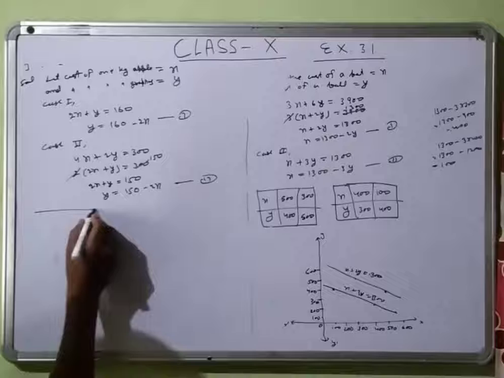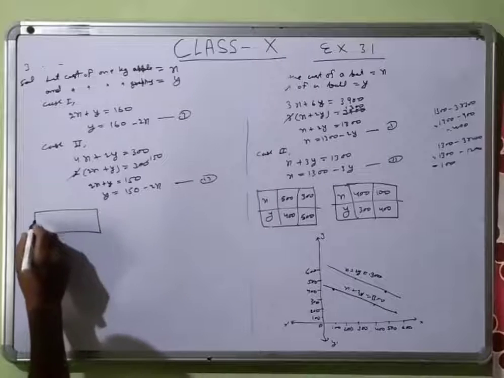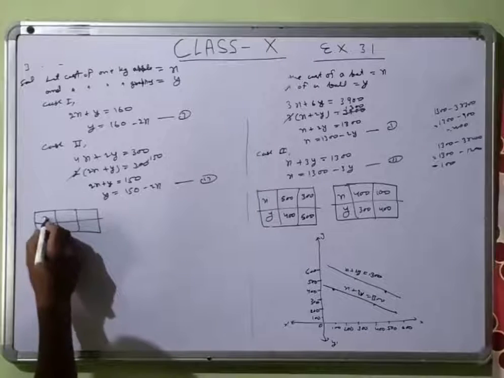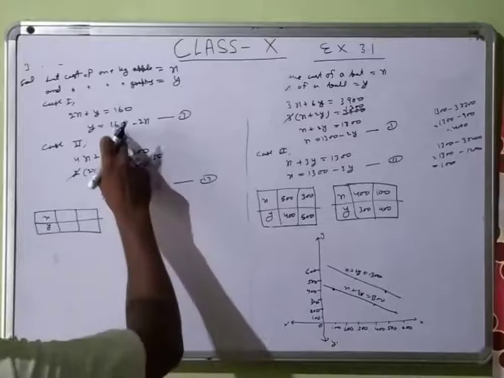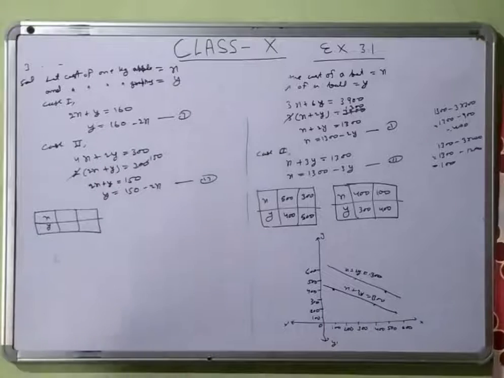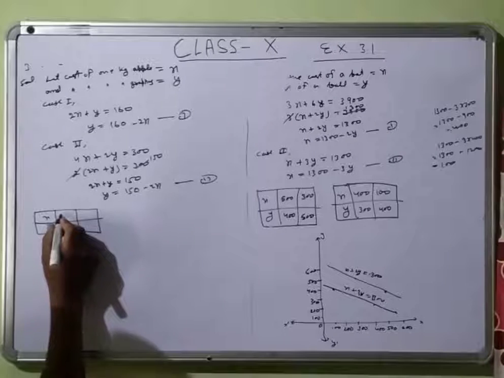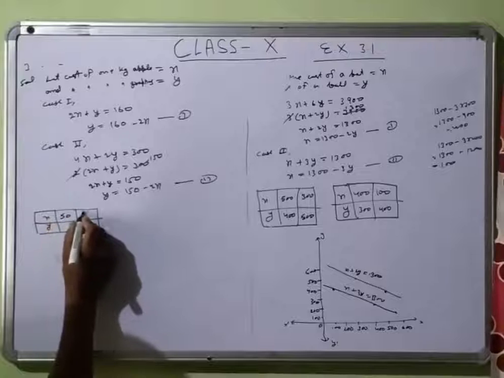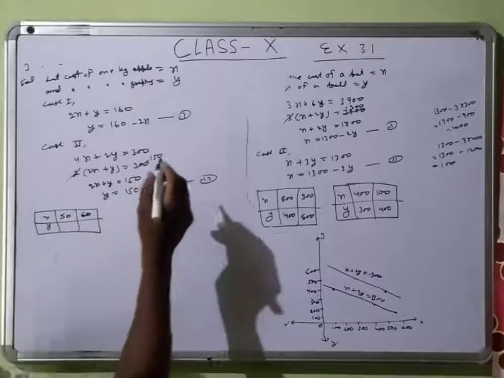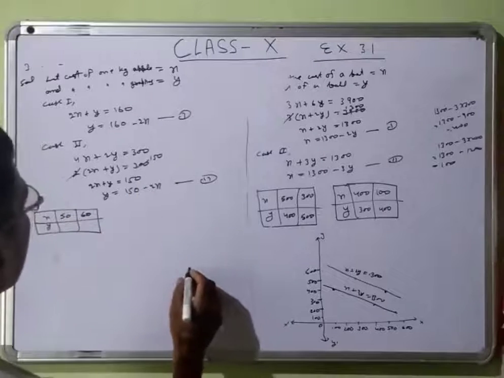And then draw the box, x, y. In the first equation, what values will we write here? 50 and 60. The x values are 50 and 60. For betterment, take the value 50.